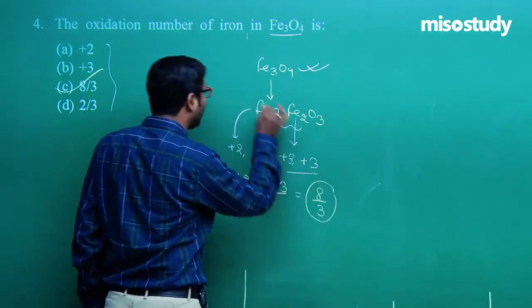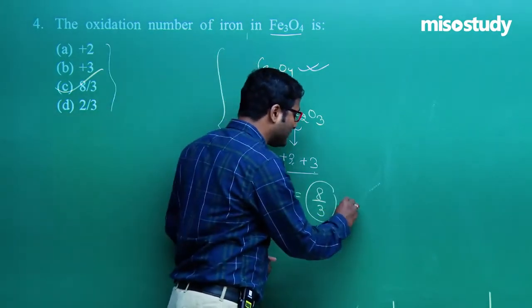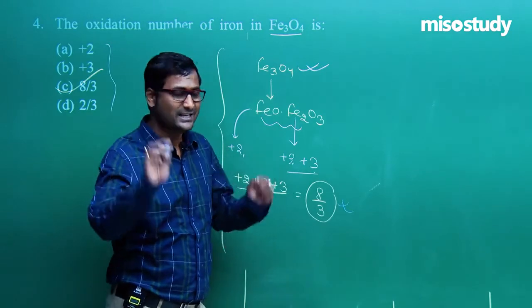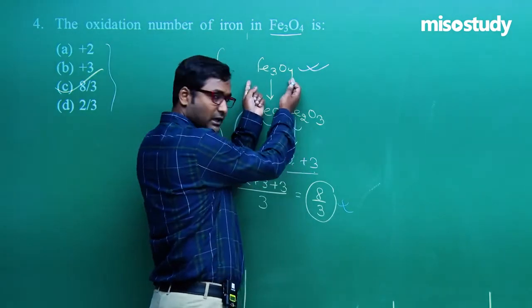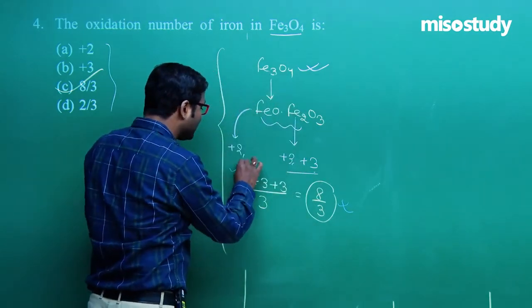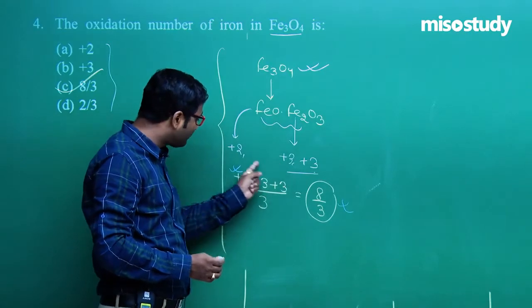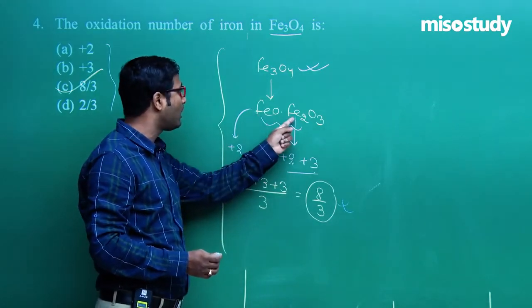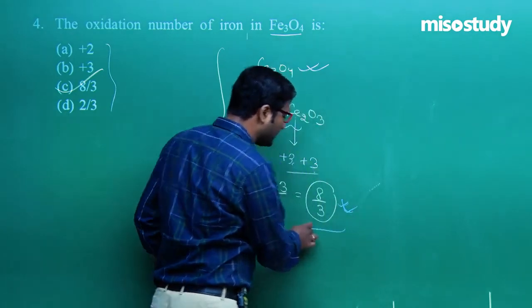This is the proper explanation, because iron cannot actually have 8 upon 3 oxidation state. It has general oxidation states plus 2 and plus 3. But according to the question, we have taken the average of all the oxidation states of iron. Due to this reason, we get the oxidation state in fraction.